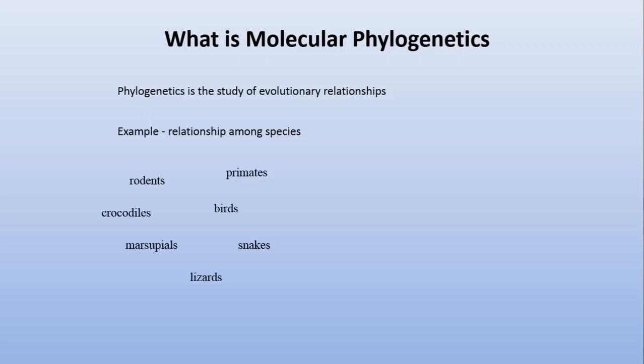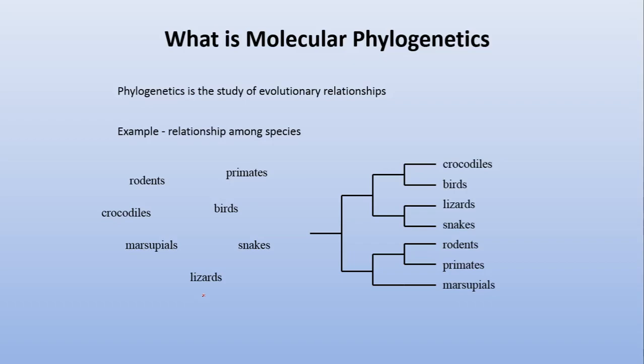Say, for example, if you have been provided with multiple species which include rodents, primates, birds, crocodiles, marsupials, snakes and lizards, molecular phylogenetics would give you an output of how all these species are related to each other. That is the ultimate objective of molecular phylogenetics.